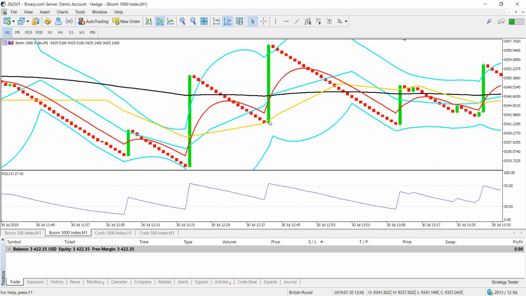Price moved down here, and then it didn't sense the middle Bollinger Band, but when it went to moving average 35, it boomed up. You see that.